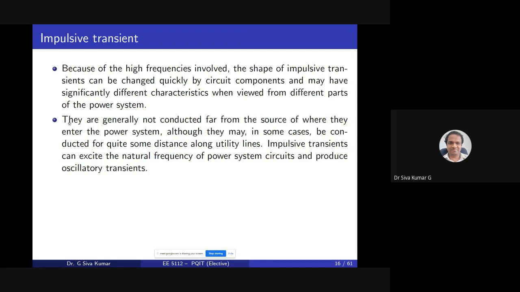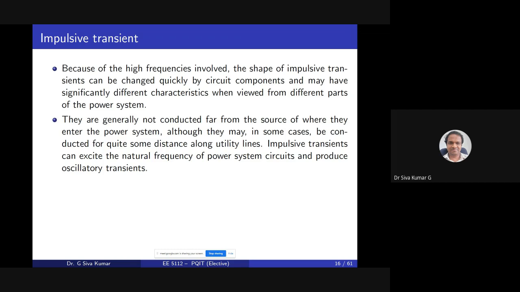One more point here: impulsive transients are generally not conducted far from the source, or from where they enter the power system. In some cases they are conducted for quite some distance along the utility lines. An impulsive transient can excite the natural frequency of the power system and produce oscillatory transients.